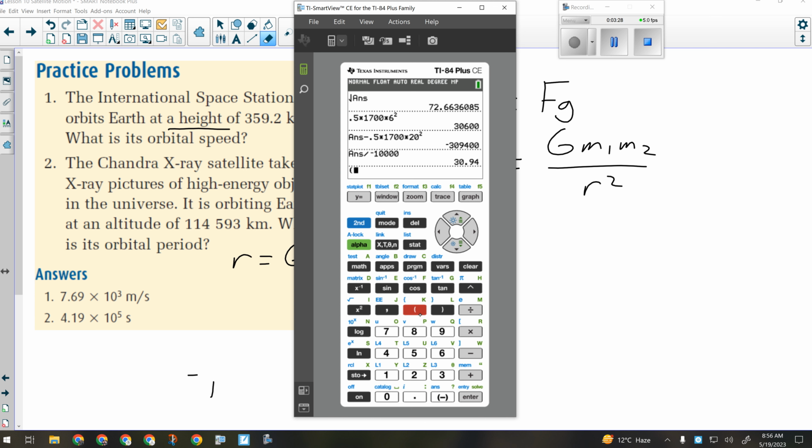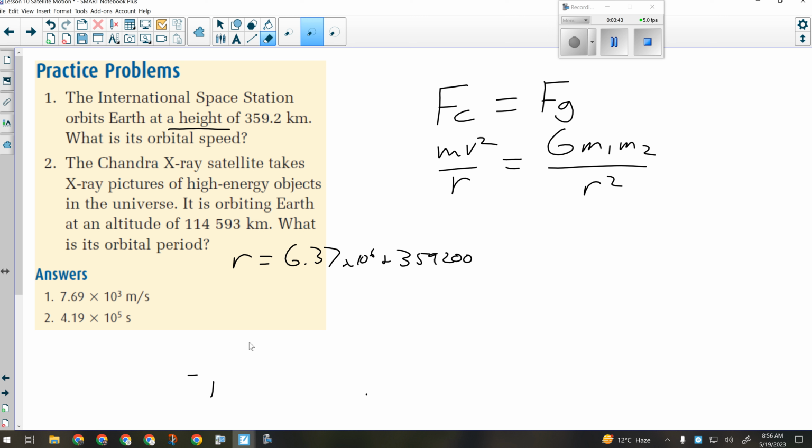Okay, so we will have 6.37 E6 plus 359,200. All right, so our actual orbital radius is 6.7292 times 10 to the 6 meters. Okay, so that is low Earth orbit. That's where the International Space Station is. And now that we have the radius, now we can solve for v.